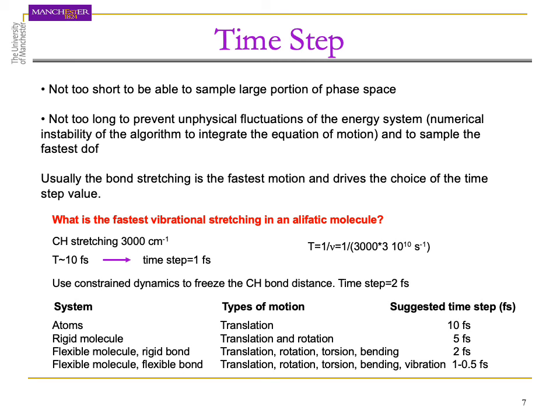For other systems, for example, single atoms in a liquid, we can use even larger time step, because in this case we don't have fast vibrating bonds. But in general, for all the molecules considered, the time step should be around 1 or even half of a femtosecond.